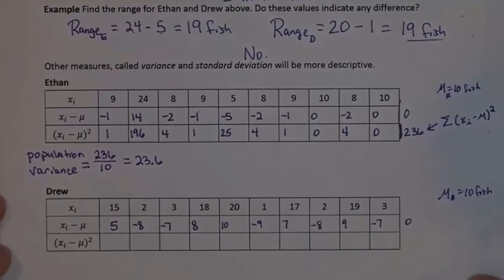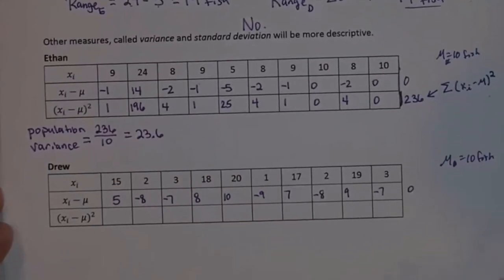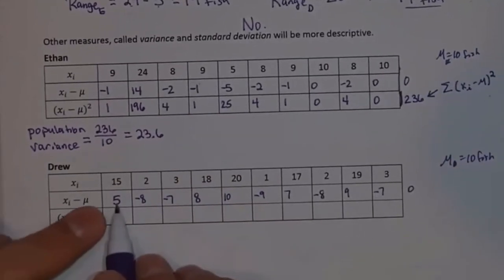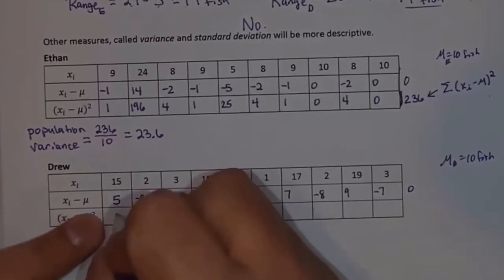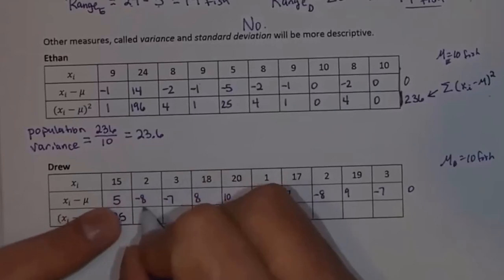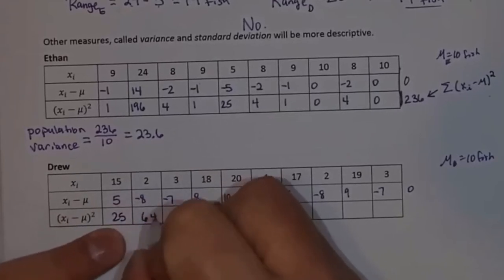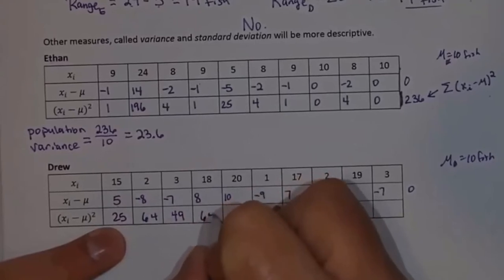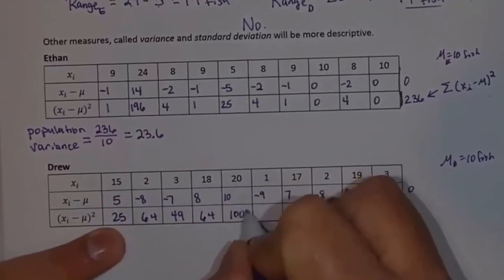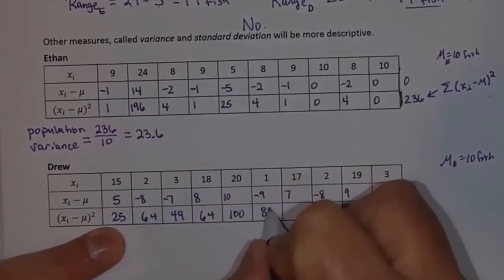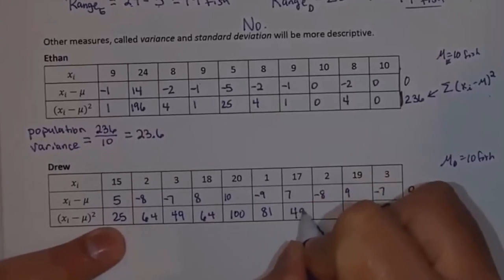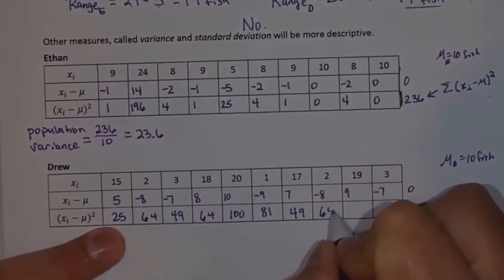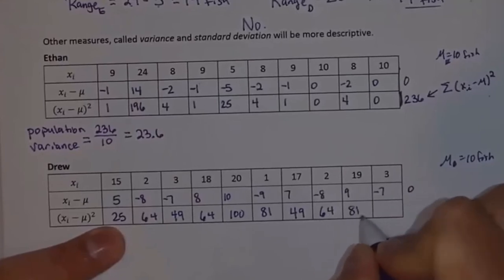Now, if I do the same kind of thing for Drew, if I take Drew's deviations and square them, so 5 squared would be 25. Negative 8 squared would be 64. Negative 7 squared would be 49. 8 squared, 64. 10 squared is 100. Negative 9 squared is 81. 7 squared is 49. Negative 8 squared is 64. 9 squared is 81.